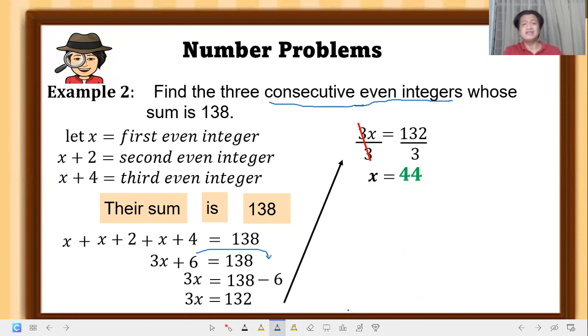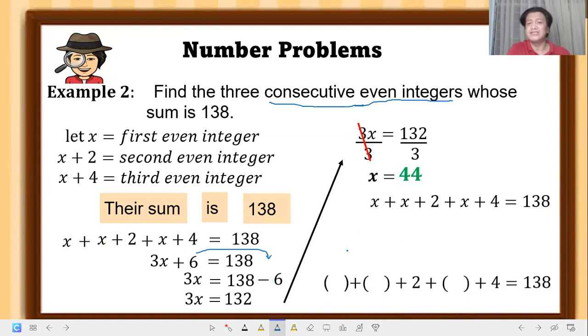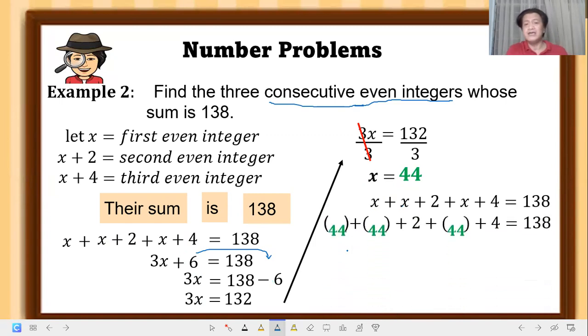Okay, since nahanap na natin si x, paano natin malalaman yung tatlong even integers? Okay? So all you have to do is copy lang natin yung equation natin. Ito yon. And then, i-replace lang natin yan yung value ni x natin na 44 doon sa variable. All you have to do is replace and then, meaning to say, ito yung first even integer natin, the second even integer, then the third even integer.